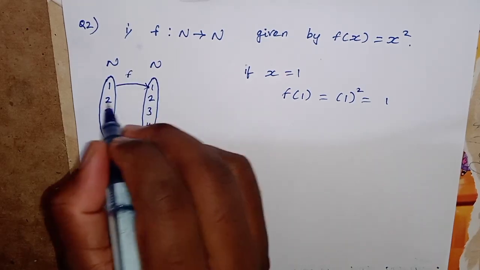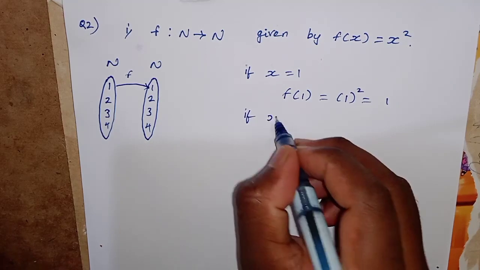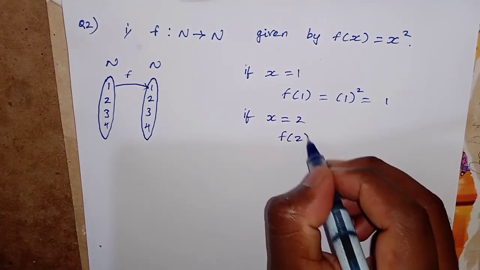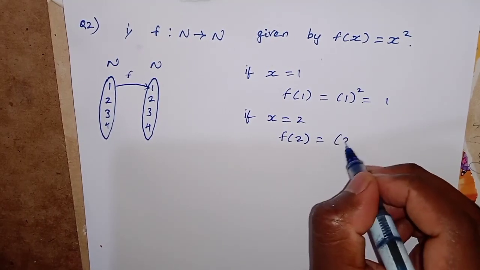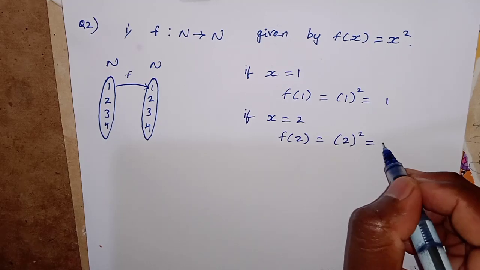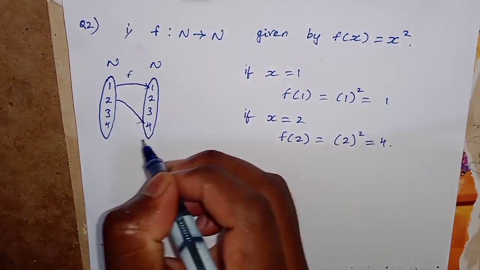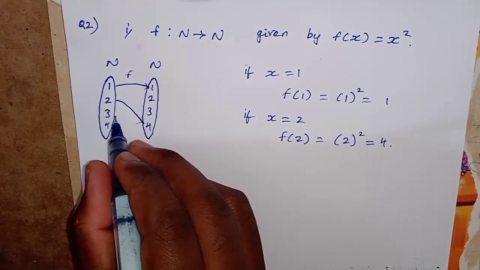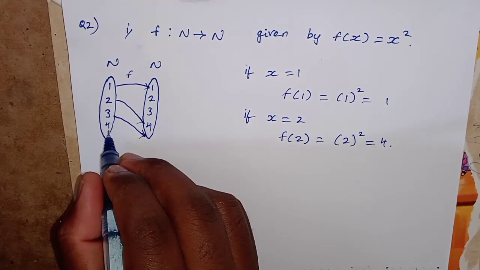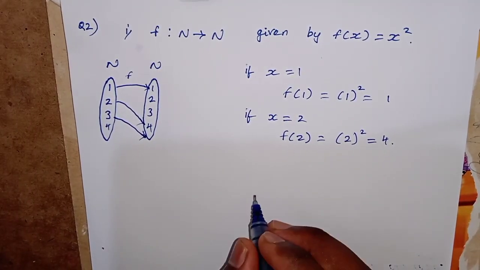If x equal to 2, f of 2 equal to 2 square, 2 twos are 4. Therefore 2 is related to 4. Again 3 is related to 9, 4 is related to 16.